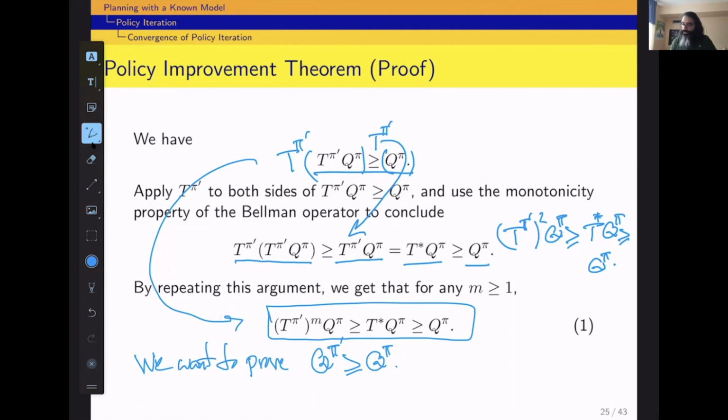Let's see. Take the limit of both sides with m converging to infinity. The Bellman operator gives Q of pi prime. Yes, I guess both of these answers are correct. They're the same thing, different way.